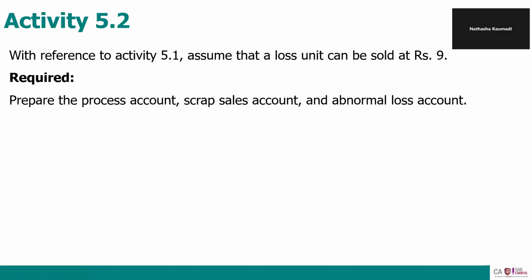Remember, in most organizations, when we have losses, there's a chance of selling these loss units. If we take a garment manufacturing company, let's say t-shirt manufacturing, whatever parts you have removed as fabric cuts, garment manufacturing companies tend to sell these fabric cuts to external third parties.